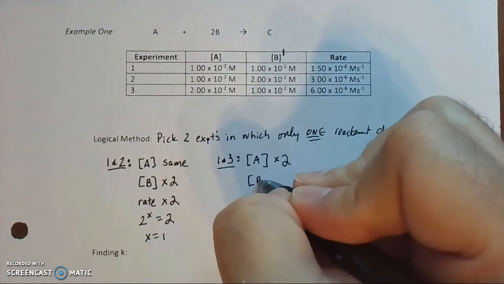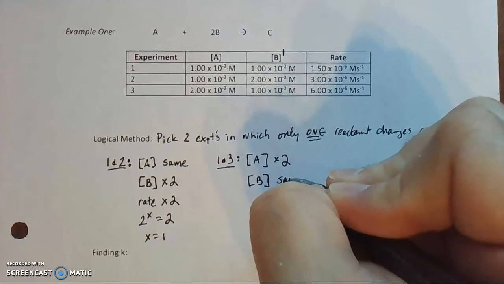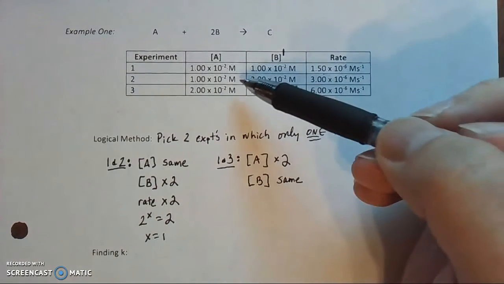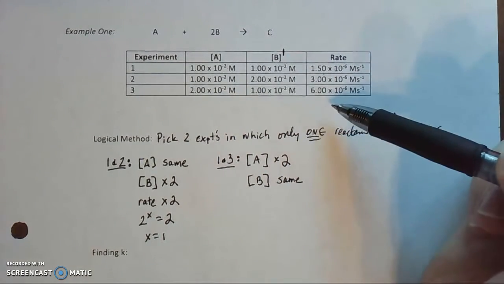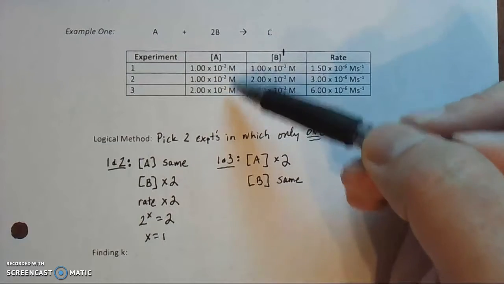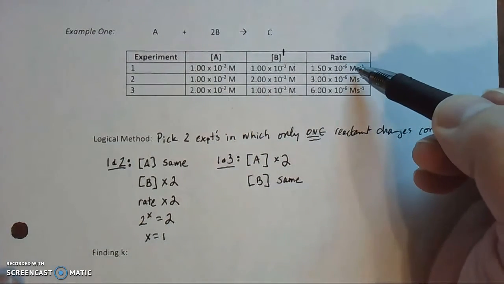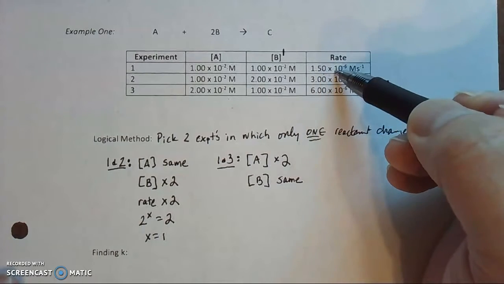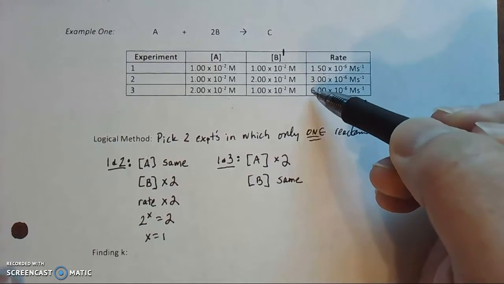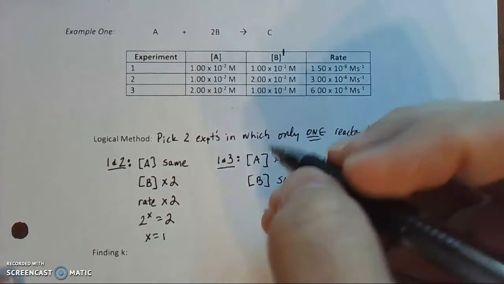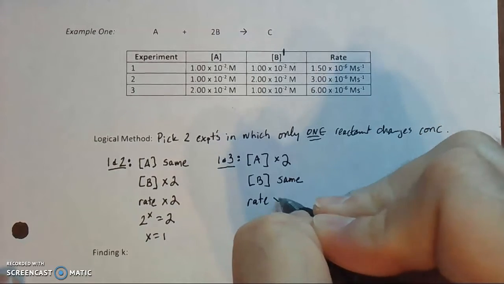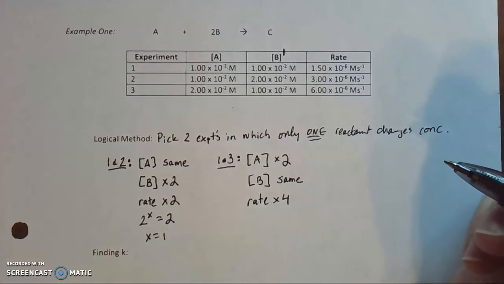B stays the same, so I can be guaranteed that any change in rate is going to be due to the change in concentration of A because B is not changing. If I look at the rate, it goes from 1.5 times 10 to the minus 6th to 6 times 10 to the minus 6th. Here, the rate goes up by 4.